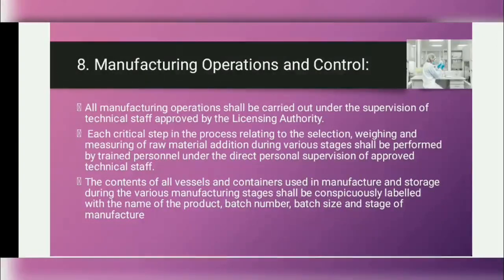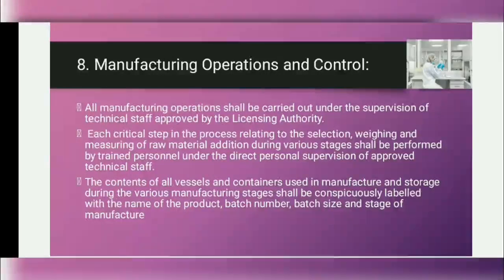Firstly, we will see about manufacturing operations and control. All manufacturing operations must be carried out under the supervision of technical staff approved by the licensing authority. Each critical step in the process, like weighing and measuring of raw material addition, must be performed by trained personnel under the direct supervision of approved technical staff.